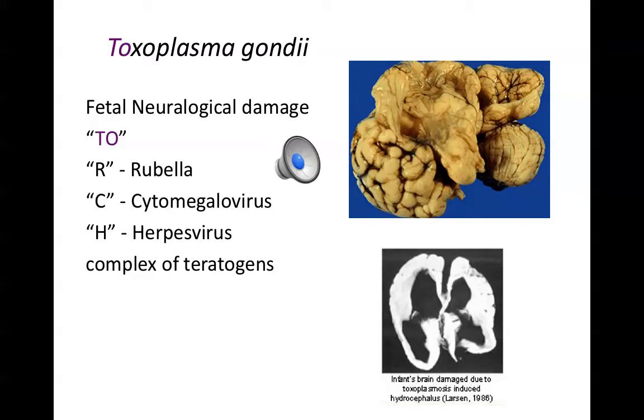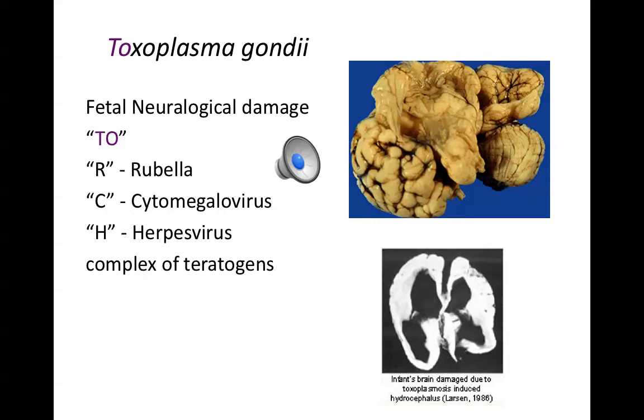The R, the C, and the H actually represent 3 different viruses that are known to cause congenital damage to the baby during pregnancy. The R is for rubella, the C for cytomegalovirus, and the H for herpes.